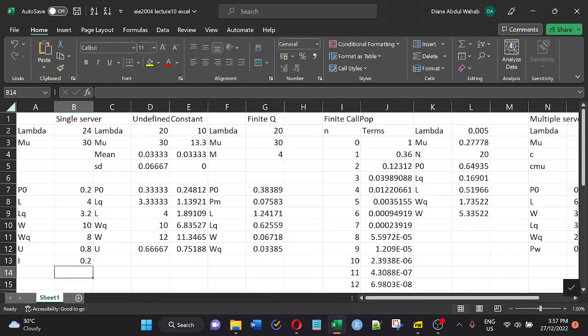So in this case 20% of the time the server, the cashier at the counter, is free, but 80% of the time they are busy serving the customers. So in terms of utilization, I think it is quite okay, but in terms of the waiting time, 8 minutes waiting in the queue and 10 minutes in the whole system, some people might find this quite long for a very small store.